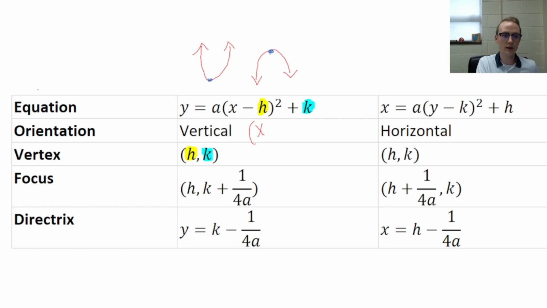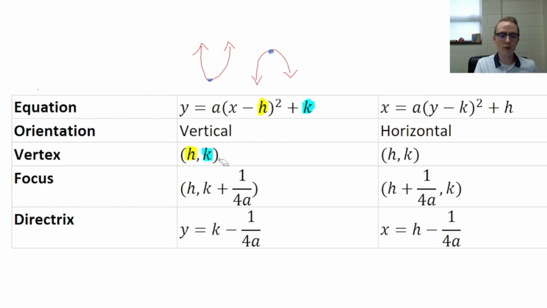And similarly, if it were x plus 6 in parentheses squared, well, that's like x minus negative 6, so the x-coordinate of your vertex would now be negative 6. So it's like the opposite of what's in parentheses. That's going to be the x-coordinate of your vertex when it's a vertical parabola.